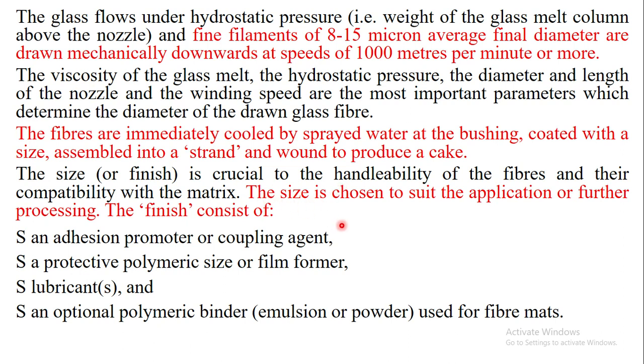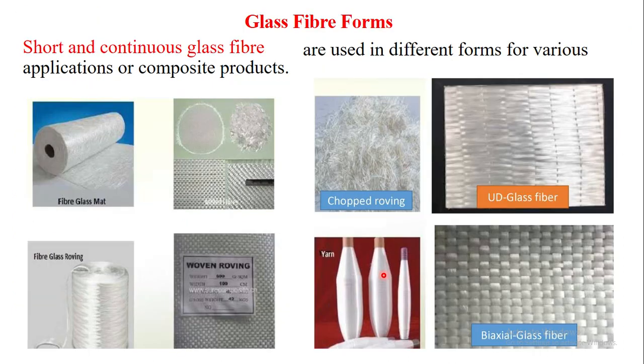The size is chosen to suit applications or further processing. The finish consists of adhesion promoters or coupling agents, protective polymeric size or film former, lubricants, and an optional polymeric binder, emulsion or powder used for fiber mats.